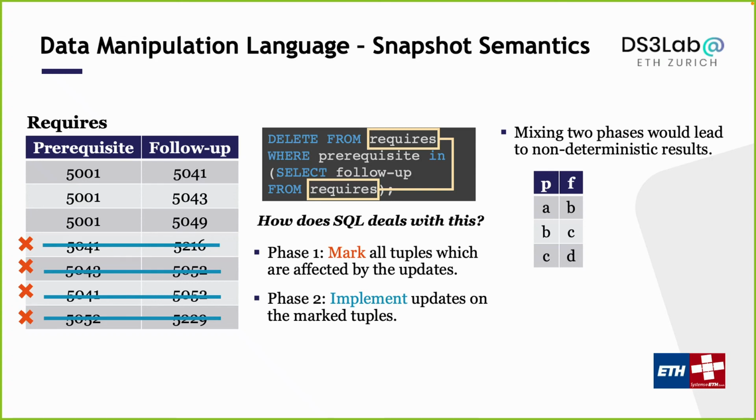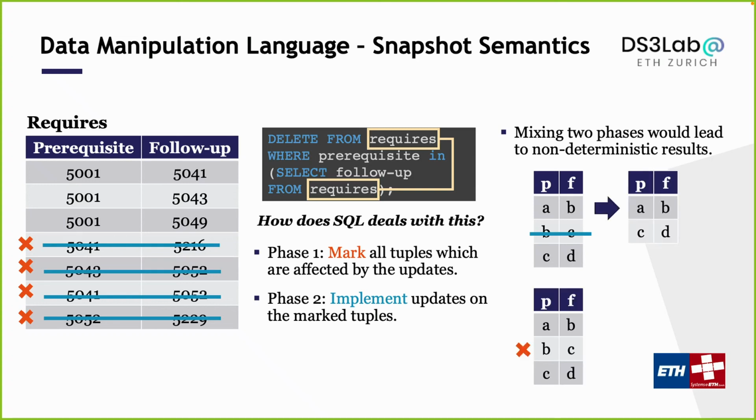You could say, okay, you delete the second one, because the second one should be deleted. But the moment you do that, you are not going to delete the first and third ones, because now they are fine. The moment you mix it together, you start to have a whole bunch of ways you can update your table. And the second way is you just mark it down, you delete them, then you get this.